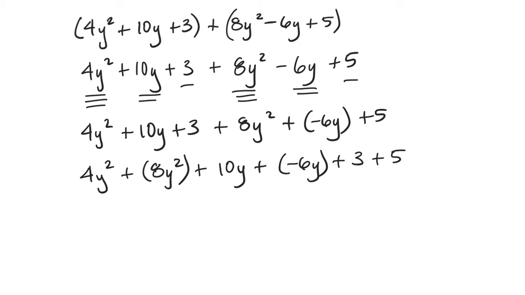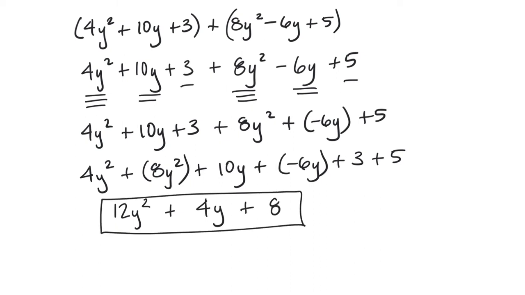Okay, I think we've got everything covered there, and all of our like terms are next to each other. So now we can just add the coefficients of each like term. So this will be 12y squared plus, and then 10 plus negative 6 is 4y, and then plus 8. So that's the simplified version of this addition statement up here, where we're adding these two polynomials together.